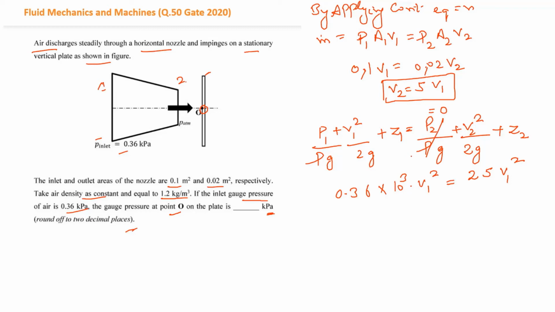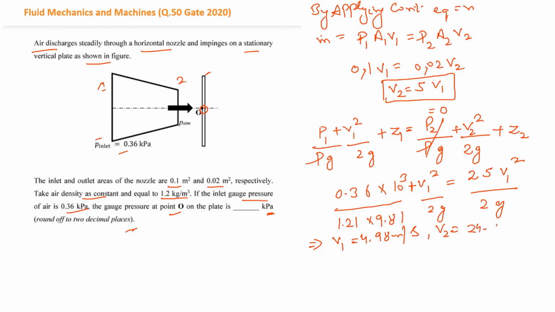Taking rho as 1.2 and g as 9.81, if we solve this equation we get V1 equal to 4.98 meter per second and V2 equal to 24.9 meter per second.